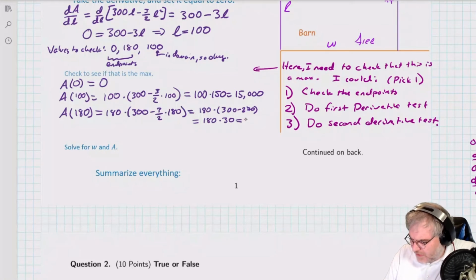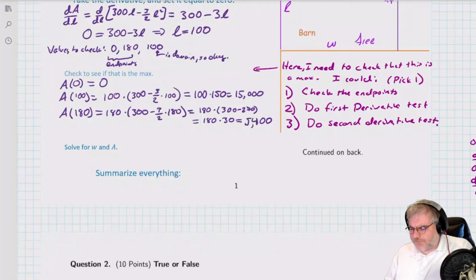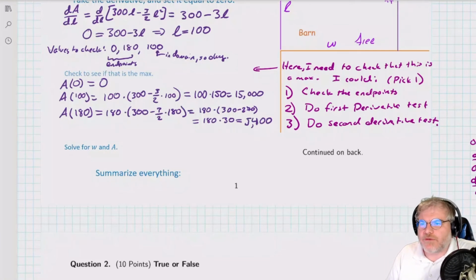That's going to be 4,400 if my math is correct. Nope, 5,400. Is that right? Somebody grab a calculator and confirm that for me to make sure I'm not messing it up.